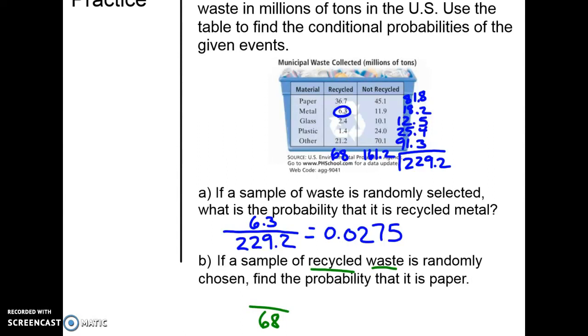And then chosen that it's paper. Well, paper is 36.7 of the recycled side. And so here, when we divide that out, 0.5397, just under 54%, given that it's recycled waste that we're talking about.